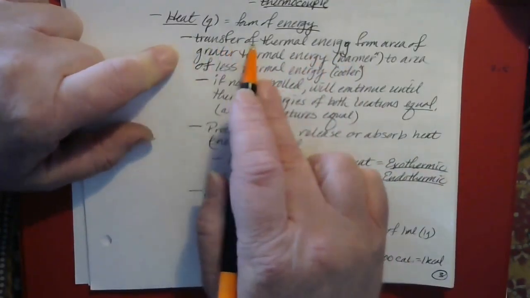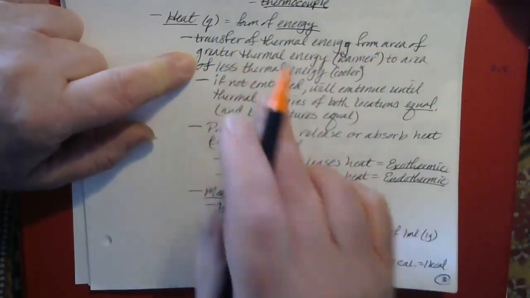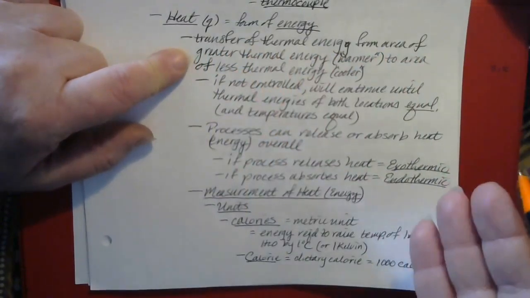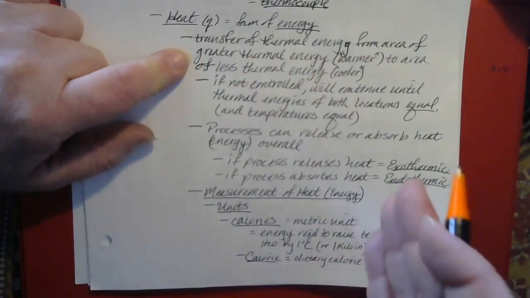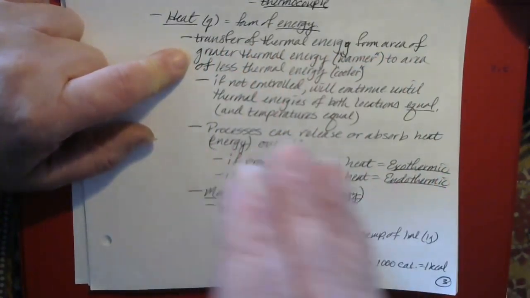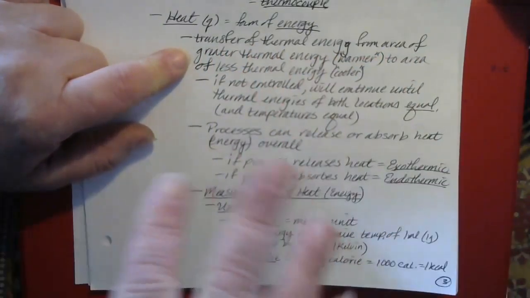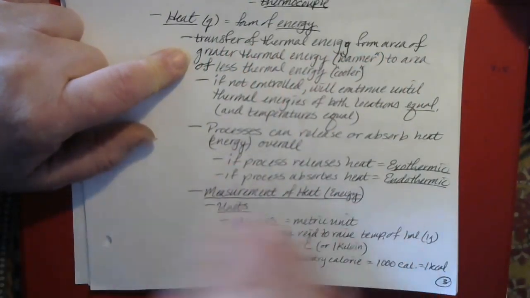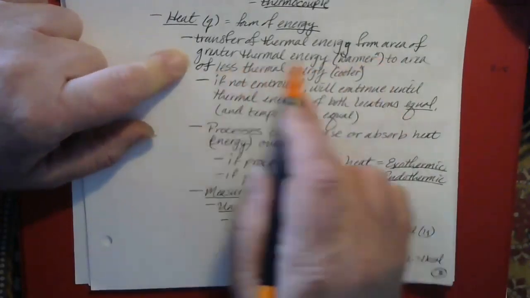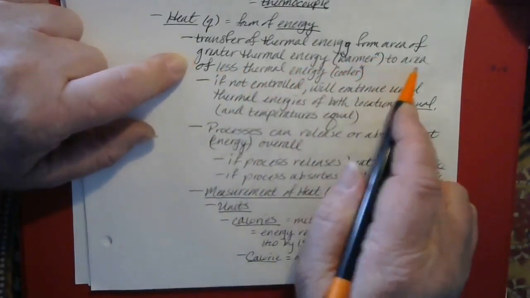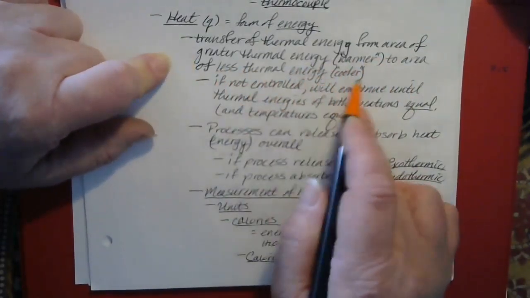And thermal energy is transferred from warmer areas to cooler areas. So when we talk about heat flow or energy flow, it always goes from areas of higher energy to areas of lower energy. You can think of it like water flows downhill. Well, so does heat, high to low. So it goes from an area of greater thermal energy, or a warmer area, to an area of lower thermal energy, or a cooler area.